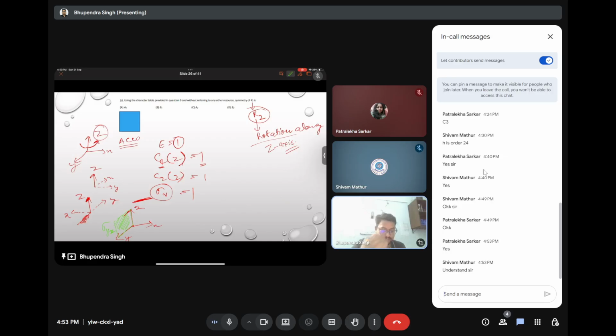Sigma YZ will reflect, and then you are rotating clockwise or anti-clockwise.